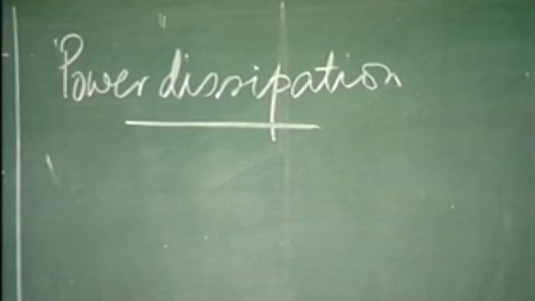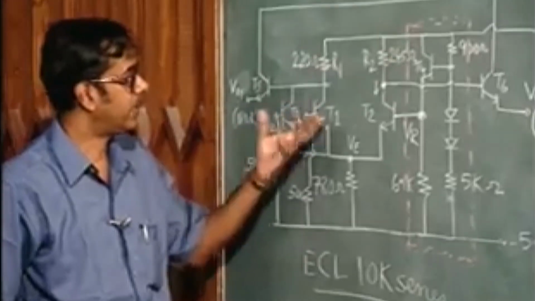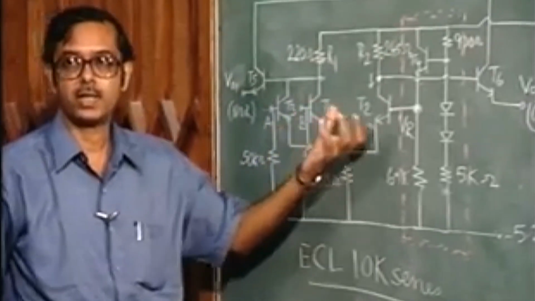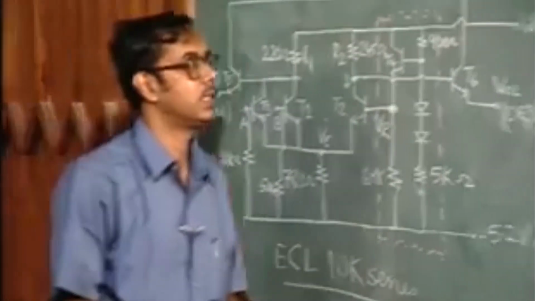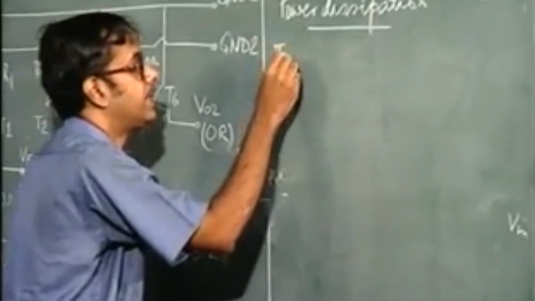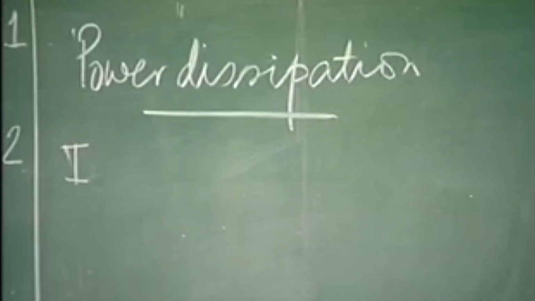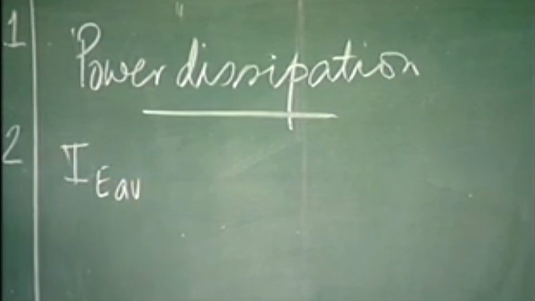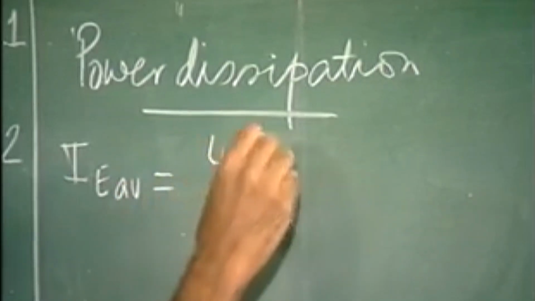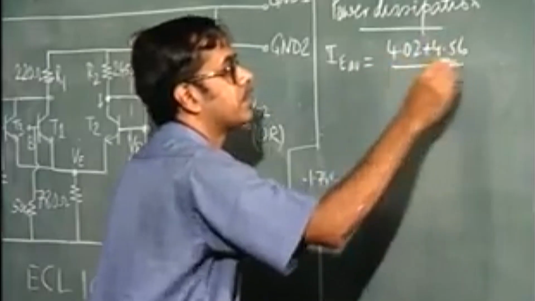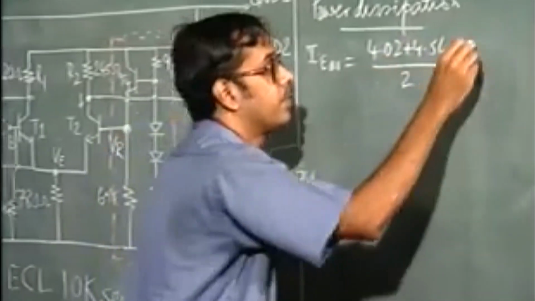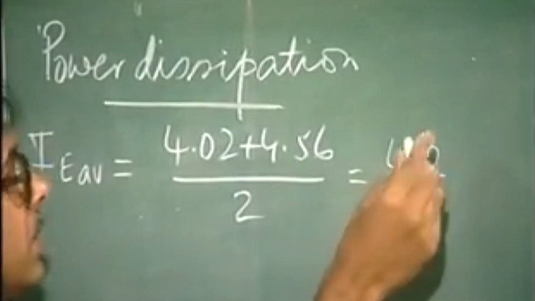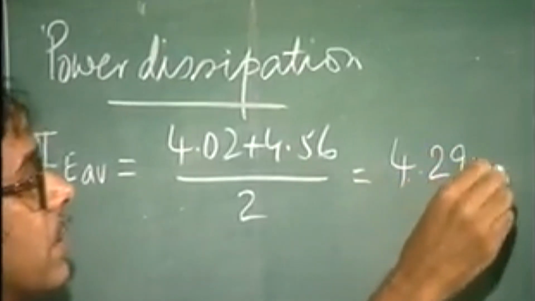We have seen that in the two states, that is, one state when the left branch is conducting and the other state when the right hand branch is conducting, the values of the currents, in one case current was 4.02 milliamperes and in the other case it was 4.56 milliamperes. So, we can take the average of these two currents, and that is equal to 4.29, I think.